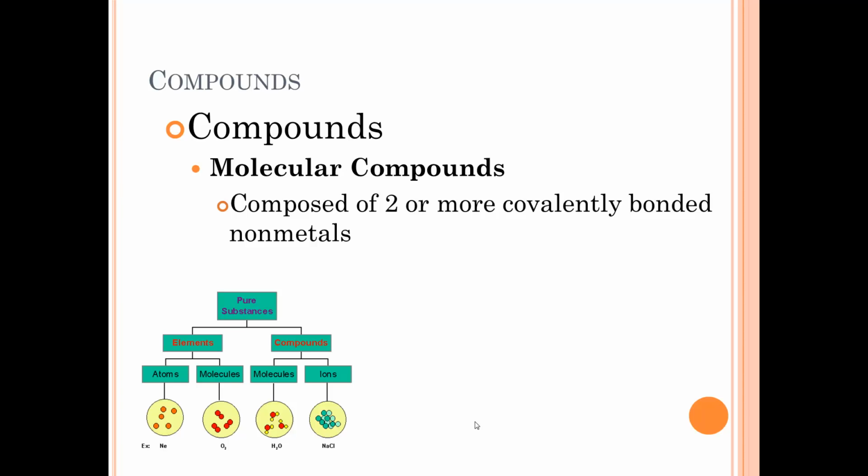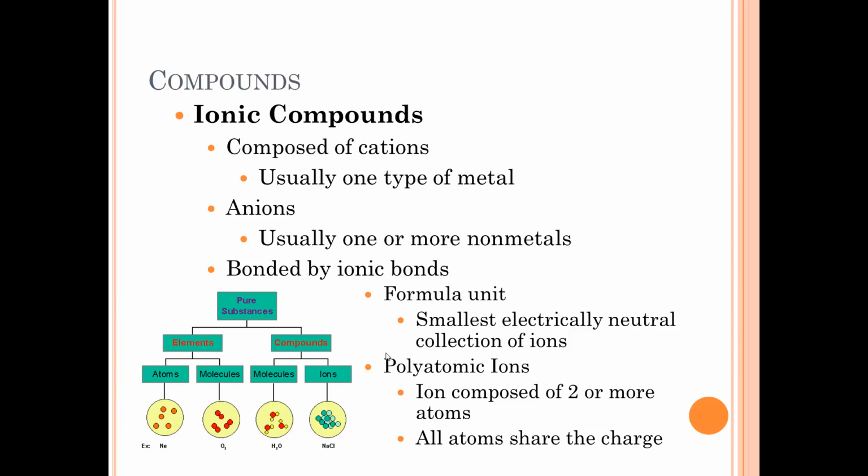We can look at the category on the other side of compounds by looking at molecular compounds. These are compounds that are composed of 2 or more covalently bonded nonmetals, whereas the ionic compounds are composed of cations, usually 1 type of metal, and anions, 1 or more types of nonmetals, and they're bonded by ionic bonds.